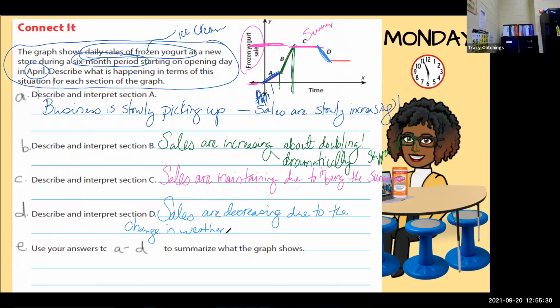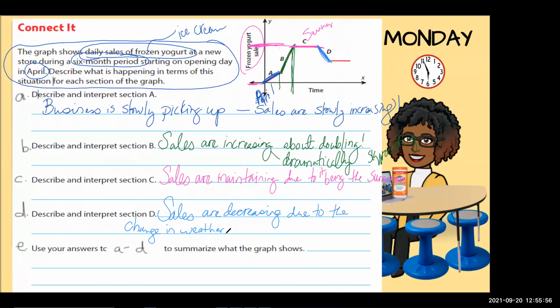All right, so we talked about what happened at A, B, C, and D. Now they told us we need a full summarization. So after we done mentioned each separate part, now we need to put it together. What's going on? Got an idea? Mood swing.